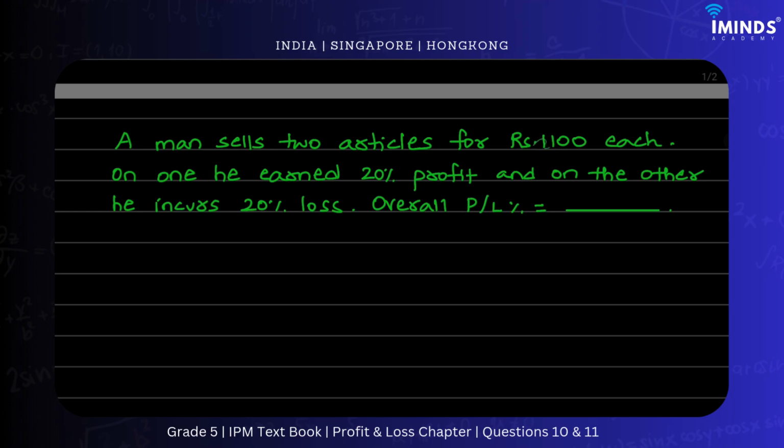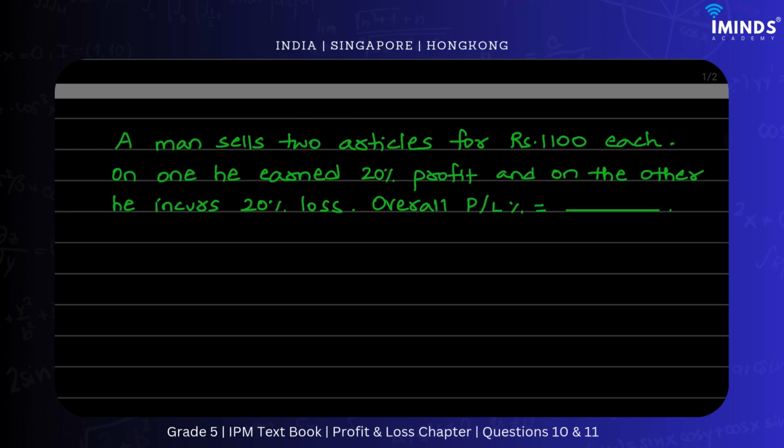A person has sold two articles for the same price. On one he earned 20%, on the other he loses 20%. So it should be a no profit no loss affair, correct? That is the first impression that comes to the mind, but that is not so. It is always a loss making affair in this kind of situation.